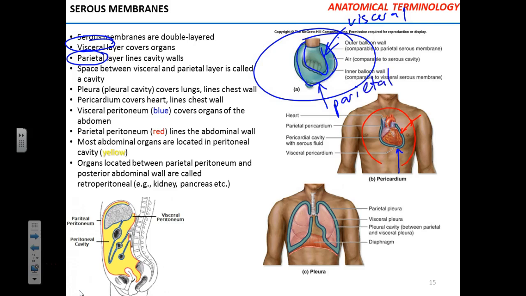But from this fist illustration, can you appreciate that it's essentially the same membrane? It's continuous. Does that make sense, what I'm trying to say? So heart is like pressed into the pericardium, okay? It is pressed into the serous membrane, so that visceral pericardium surrounds the heart, and parietal pericardium surrounds the cavity.